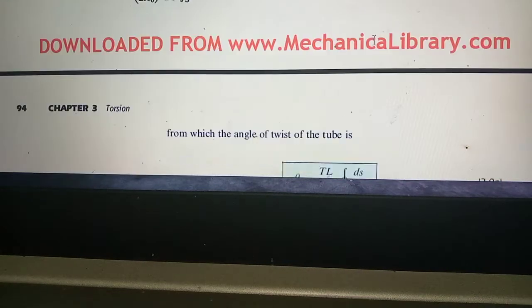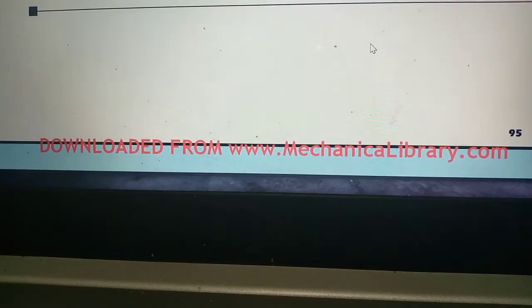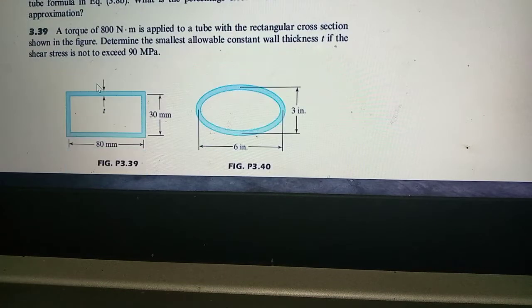So we jump into 3.39, and we solve this one.